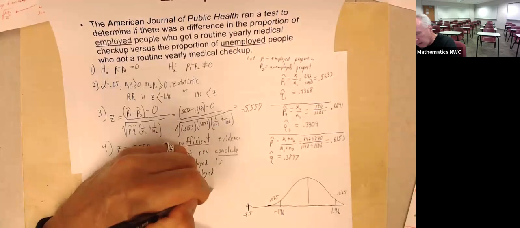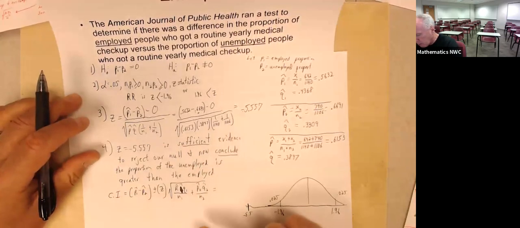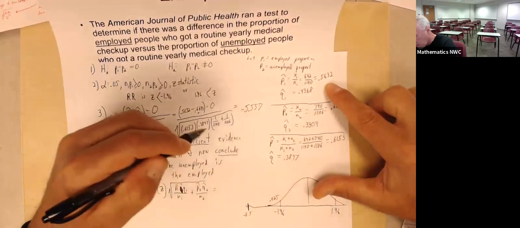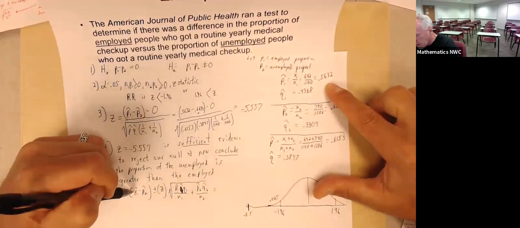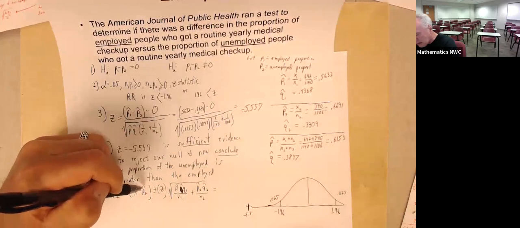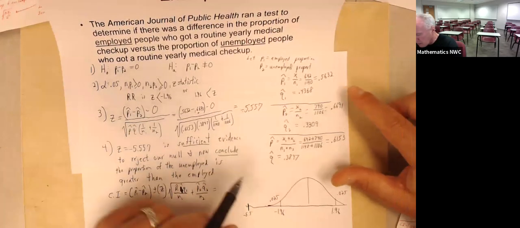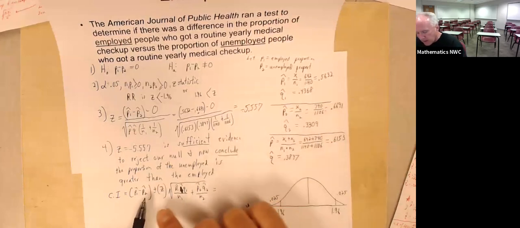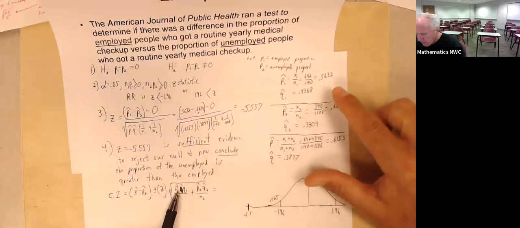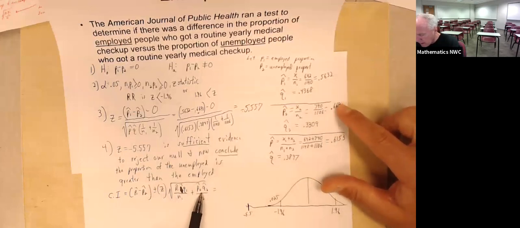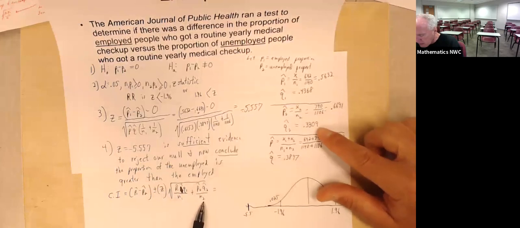So putting those in there, we end up with this to be the difference here. I would just have to substitute P1 hat in here, P2 hat in there, P1 hat, Q1 hat, and P2 hat, Q2 hat are these two numbers.